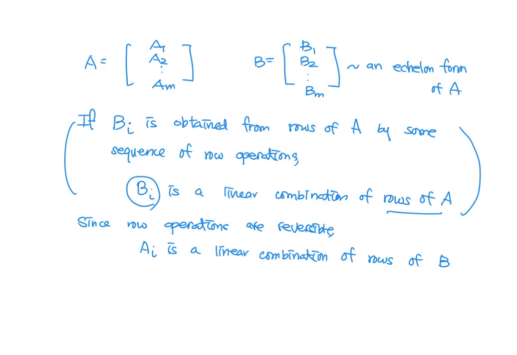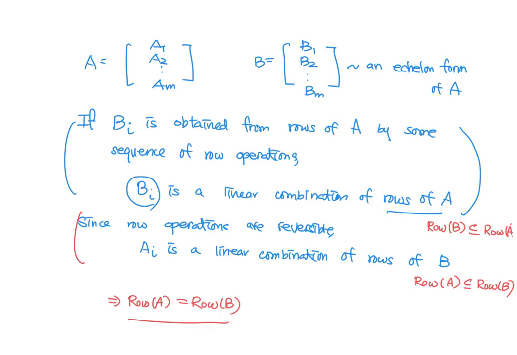So this upper statement shows that the row space of B will be a subset of the row space of A. And this lower part shows that if each row of A can be represented by some linear combination of rows in the B matrix, then any vector in the row space of A is contained in the row space of B. So if these two are satisfied, then the row space of A will be the same as the row space of B. That's one thing we can derive from this statement, right?